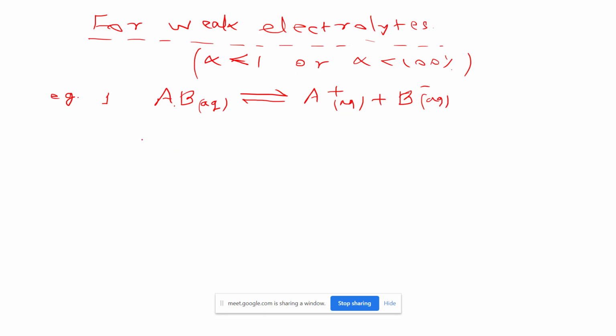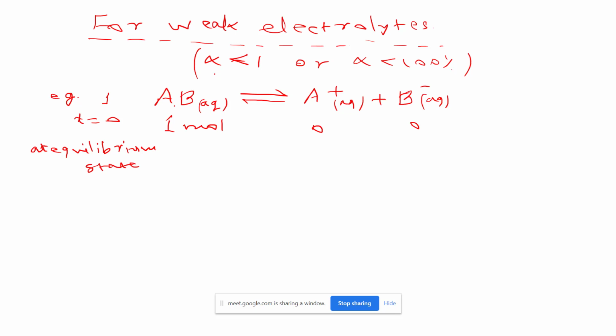Initially, at time t equals 0, we take suppose 1 mole of this. Initially no ions are produced, and after equilibrium establishment we get the ions. At equilibrium, the fraction of 1 mole of solute that is dissociated is known as alpha.